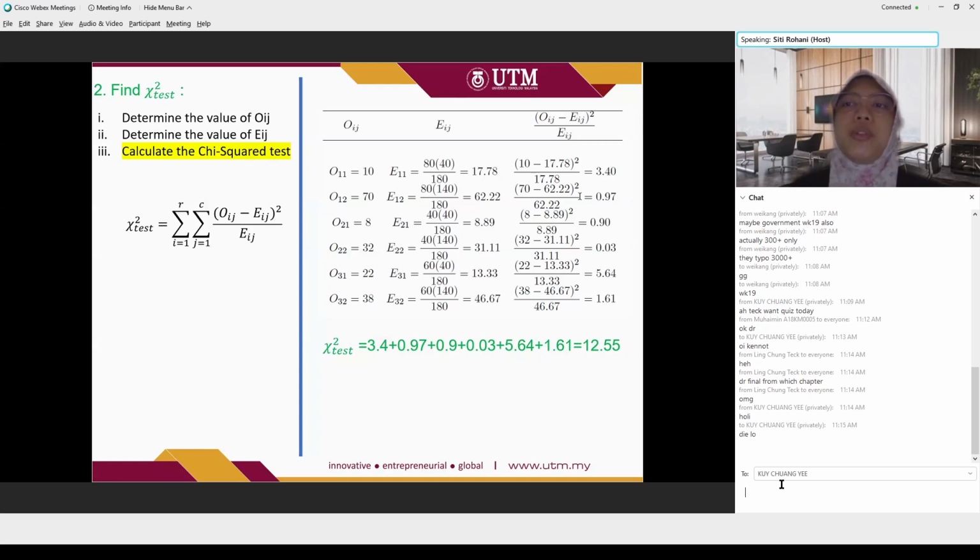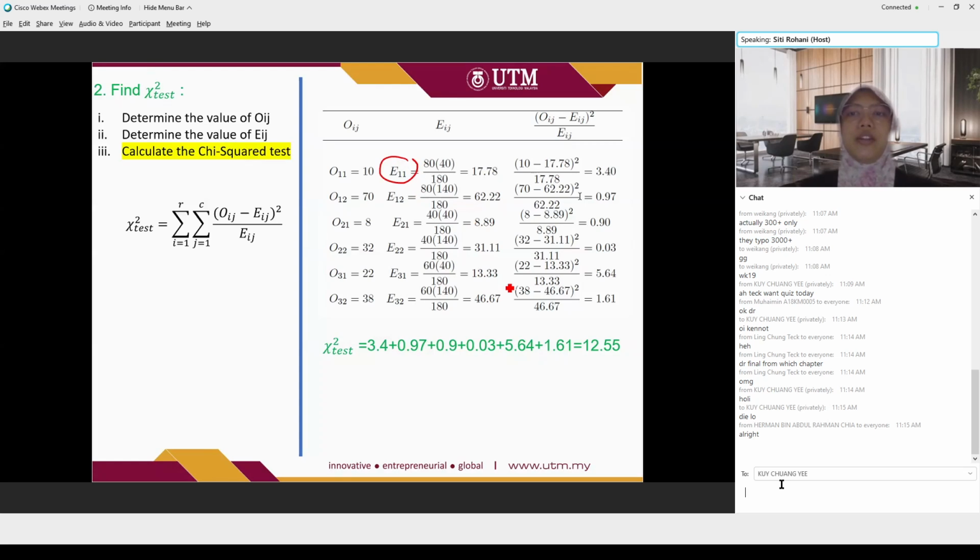However, if you do one mistake, it will lead you to another mistake. So please be careful when doing these exercises and examples. For example, if you got wrong calculations for E11, you also will get wrong calculation for your chi-square test. So please be careful.